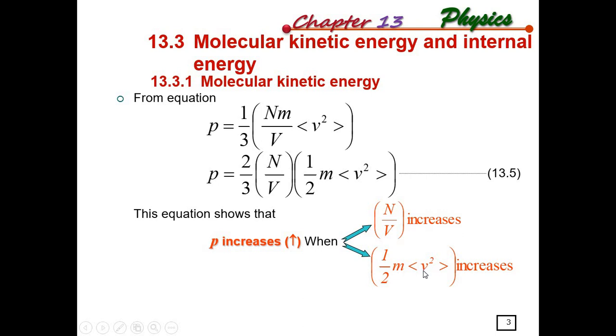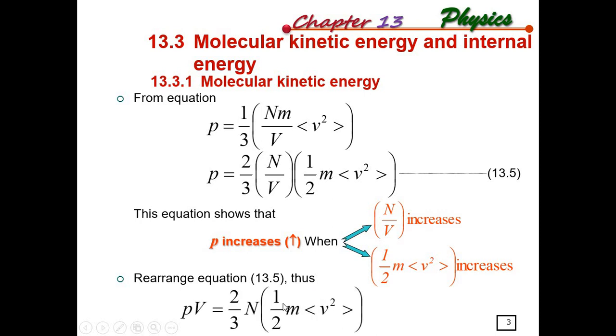the mean squared velocity increases. By rearranging the equation of 13.5, we get PV equals 2/3 times N bracket 1/2 m times the mean squared velocity.